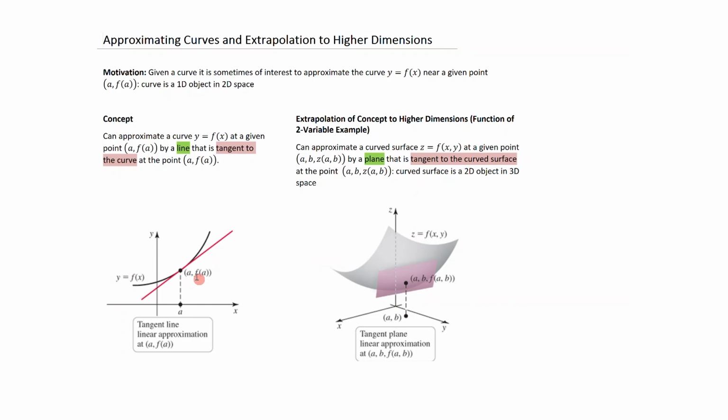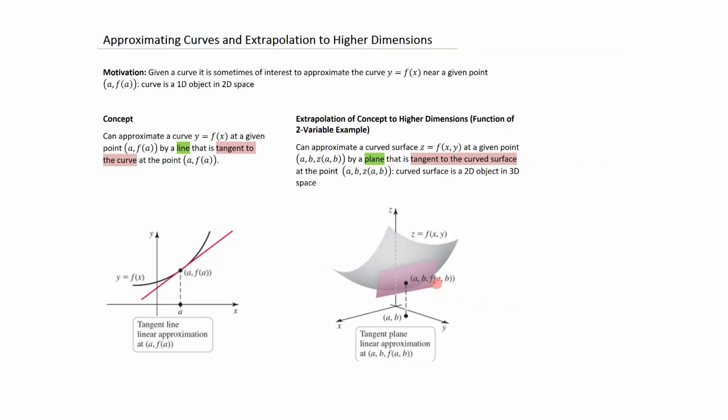Now we can expand the notion of a tangent to a curve to higher dimensions, but in higher dimensions, for example in a two-variable system, we're dealing with a surface. So we can approximate a curved surface, say z equals f of x, y, which is this gray object, at a given point on the surface, at this location (a, b), where the z component is evaluated at (a, b), by a plane that is tangent to the curved surface.